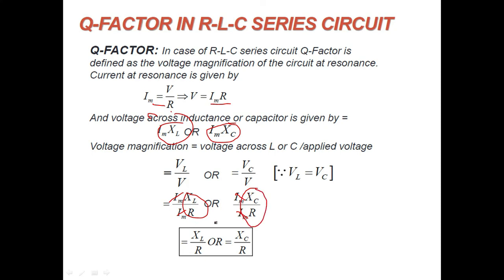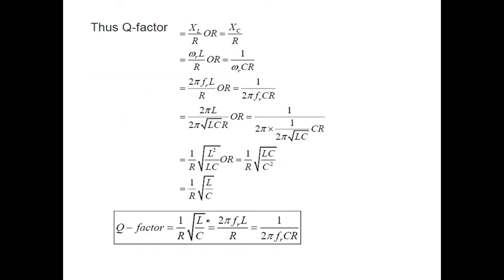So the ratio of inductive or capacitive reactance to the resistance is called the quality factor. The quality factor is defined as the ratio of inductance to resistance, or capacitance to resistance, of the series RLC circuit. Thus the quality factor is defined.